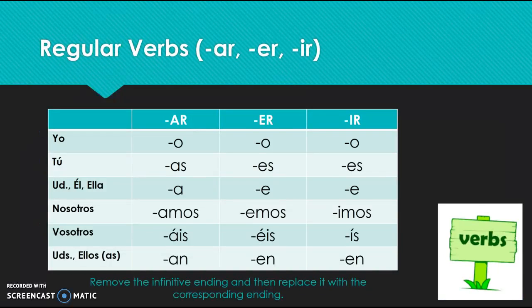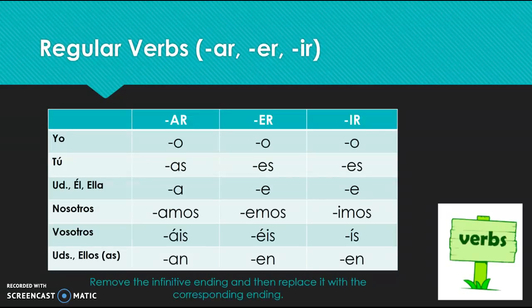All right, so regular verbs are exactly that. They're completely regular. They follow a pattern. We must drop the AR, ER, and IR, and then we add the corresponding ending to whatever subject we want to denote. For AR verbs, our endings are o, as, a, amos, áis, an, with an accent in vosotros. ER and IR verbs are nearly identical, except for the nosotros and vosotros forms.